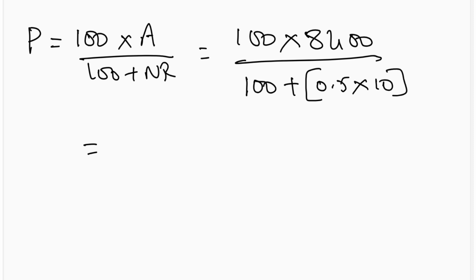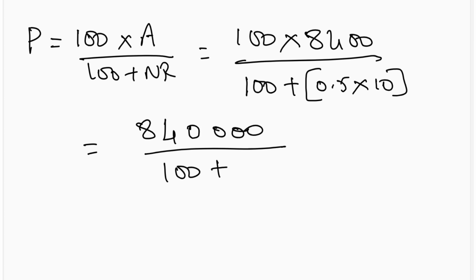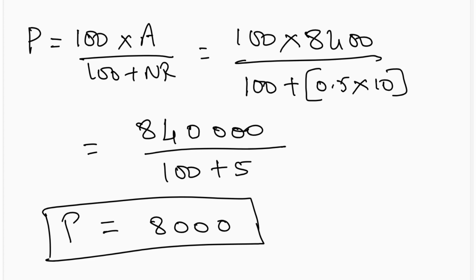If you simplify this, you will get 8,40,000 divided by 100 plus 5, that is 105. If you further simplify, you will get exactly 8,000. So the present value is 8,000.